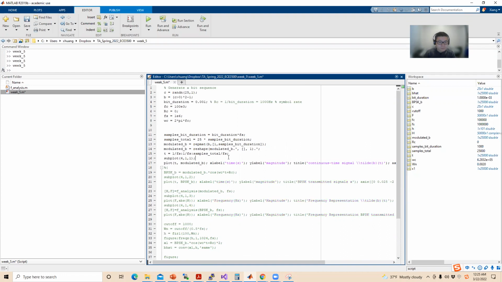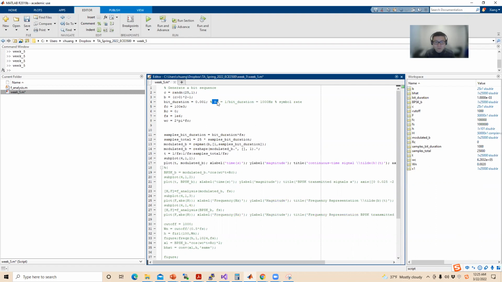You can see here I define 25 bits and use the BPSK modulation, and the bit duration is 0.001. Here is RS, the symbol rate.